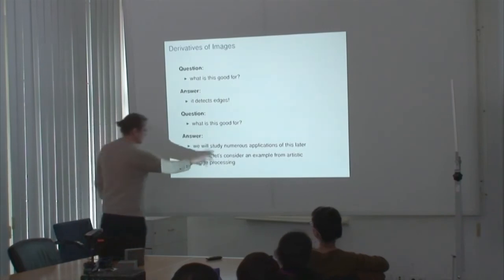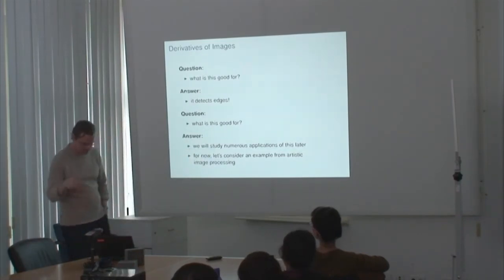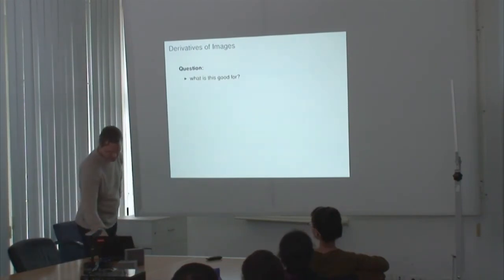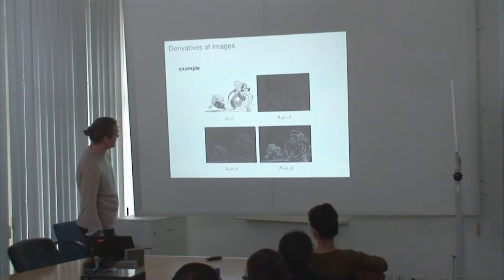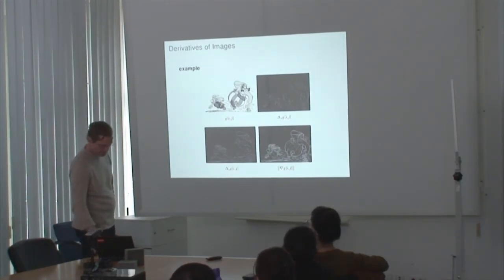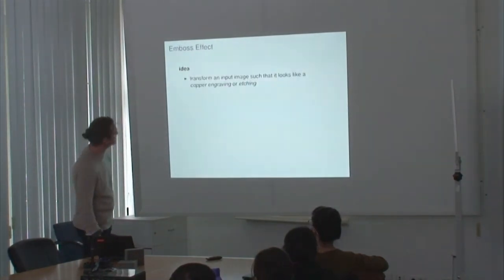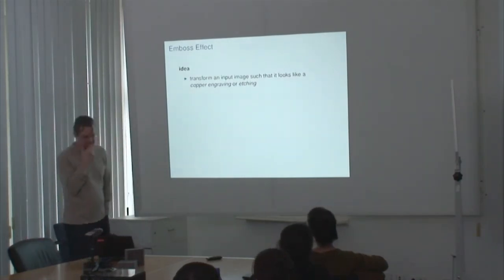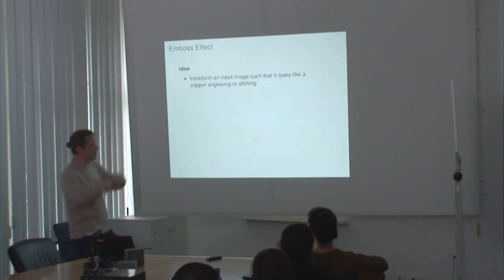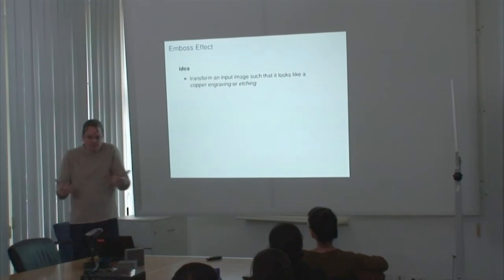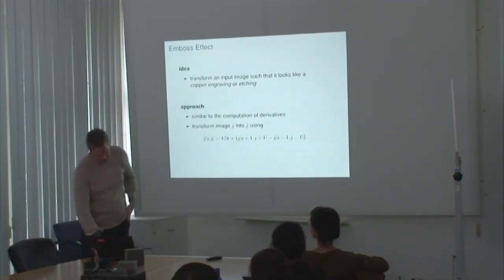For now, we will consider a more prosaic application of all of this. So we have realized that by computing gradients, we can find edges. And now we will use that to create an artistic image effect. The idea we are after is to transform an image in a way such that it looks like a copper engraving or etching.